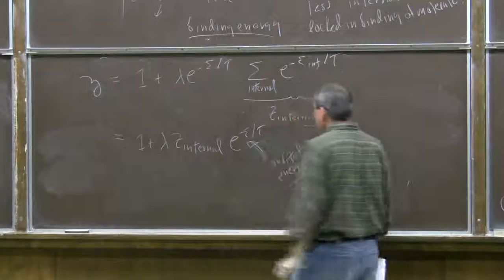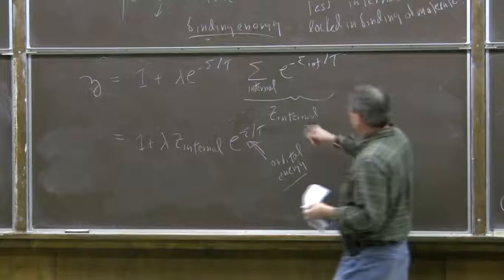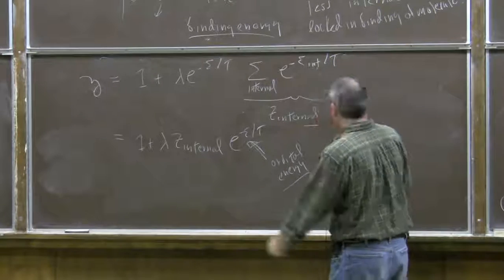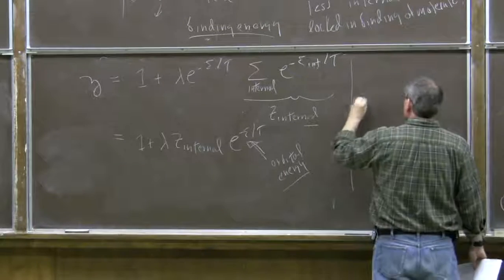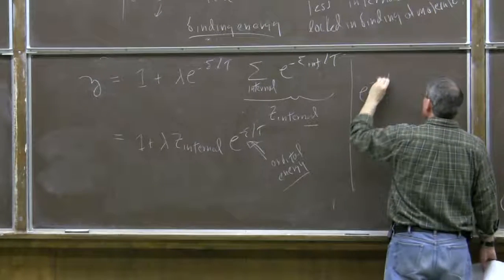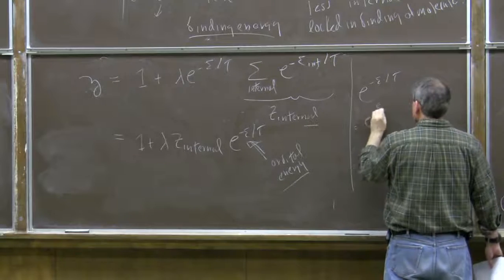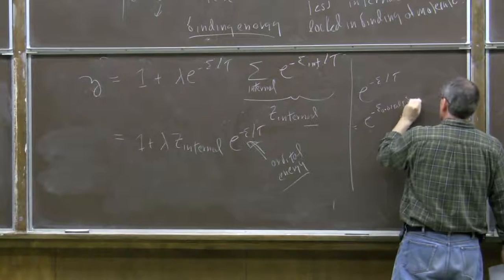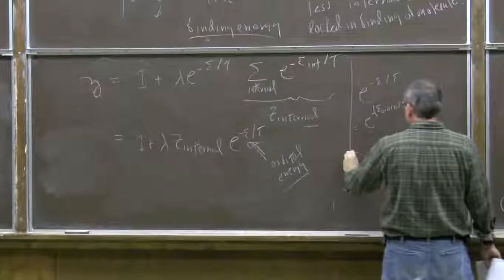Are you multiplying by Z internal, or are you adding Z internal there? I'm multiplying, because Z internal is the sum. So I'm using the fact that I can write e to the minus epsilon over tau as e to the minus the energy of the orbital plus the internal energy over tau, which I can then factorize.